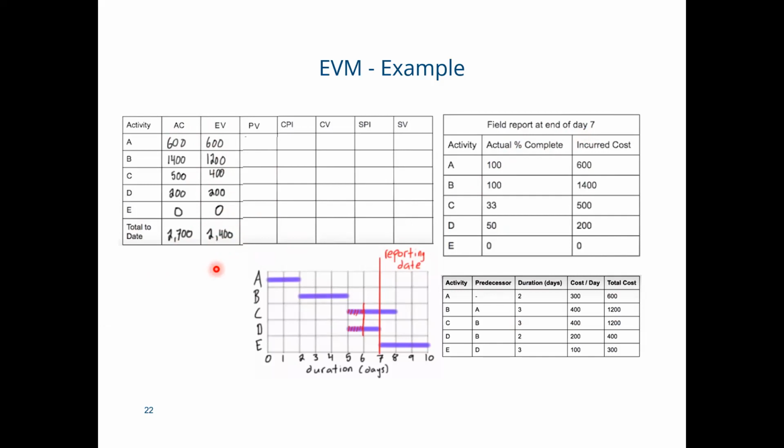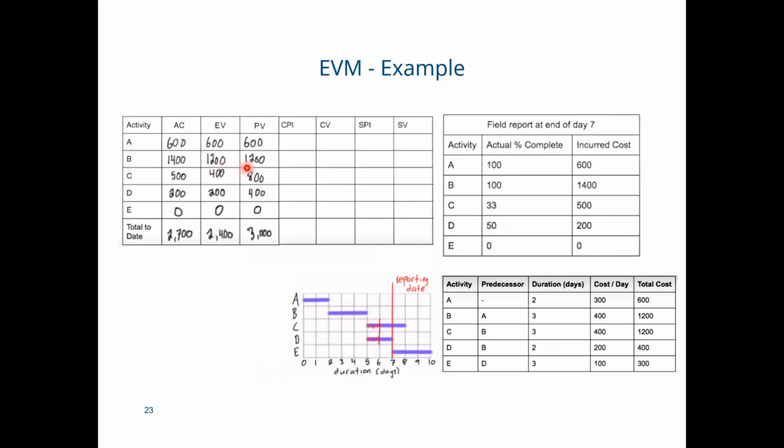Now the third value, which is the planned value. As I told you, it represents the baseline or the planned cost of the project. It is how much we expected to pay for each activity by the reporting date.